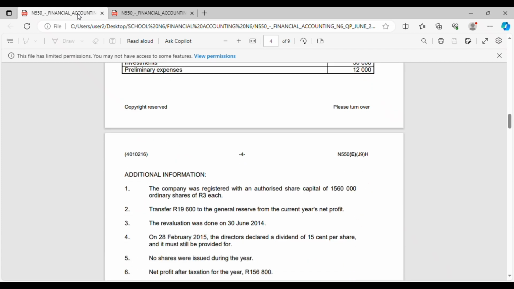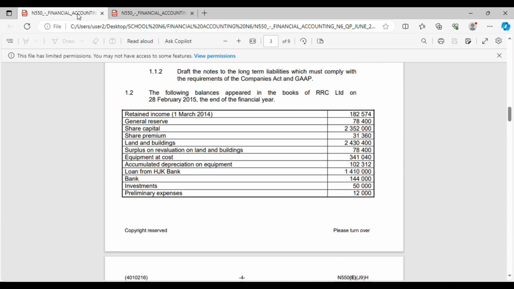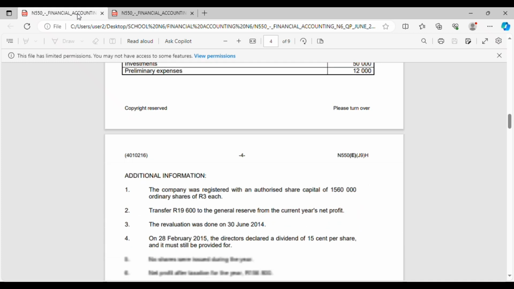The information says the ordinary shares that we have on the trial balance total 2,352,000. When we're calculating the DOS only for share capital, we calculate the DOS with the number of units. So we take 2,352,000.